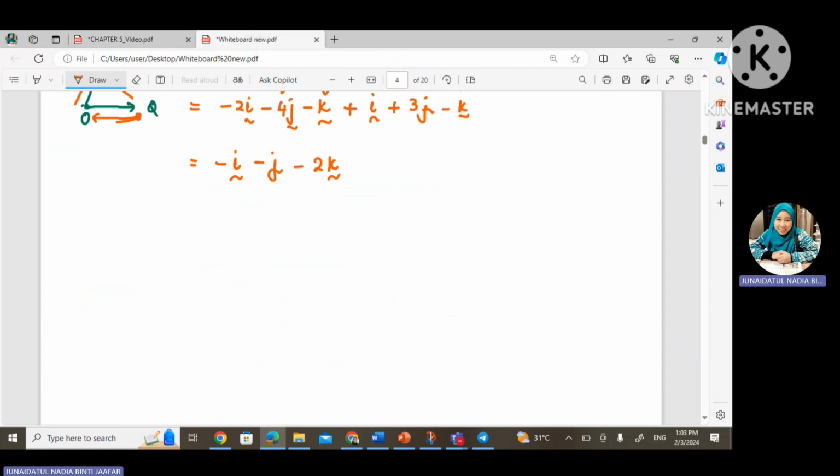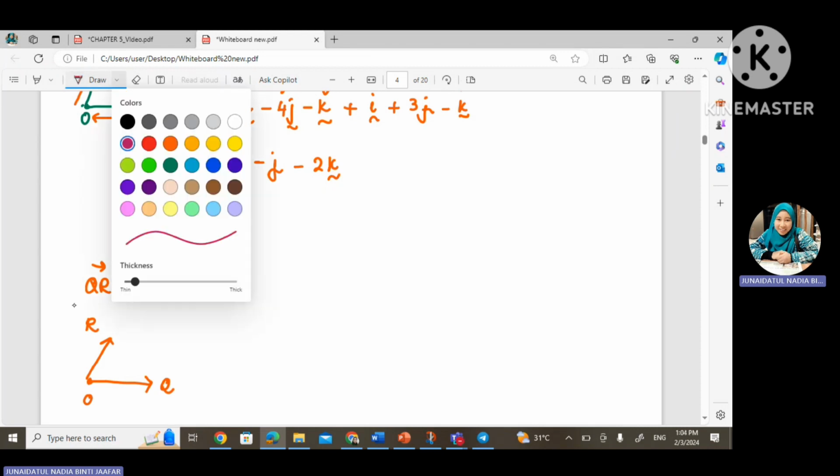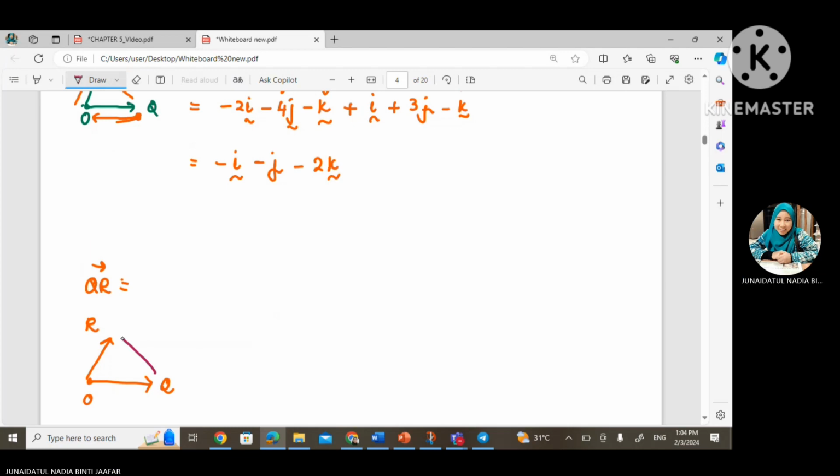Okay, so vector QR. We have the origin O, vector Q, and another one is R. So the resultant vector of QR is equal to QO plus OR.